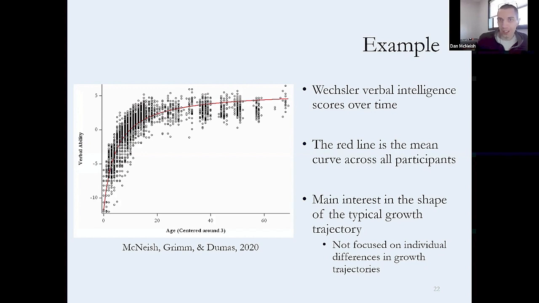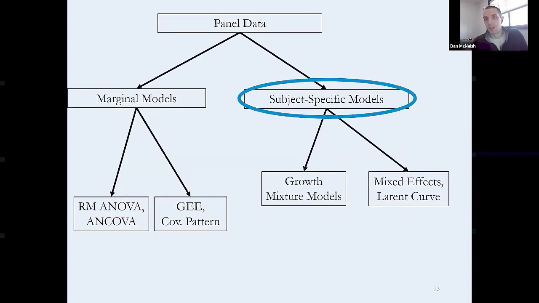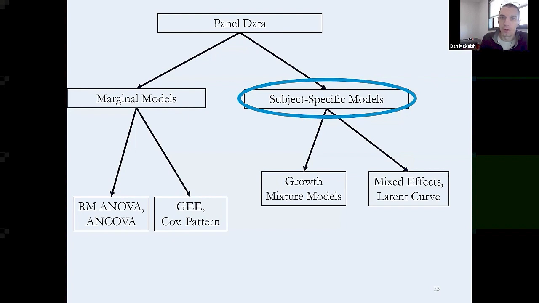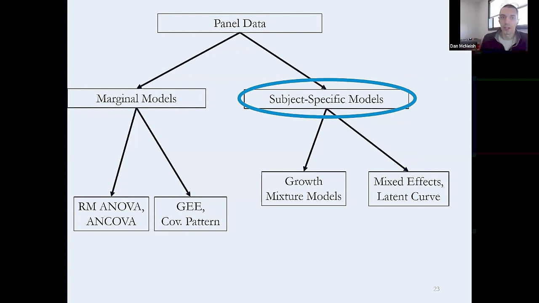I'm not interested in how person one's change might be different from person two. I just want to know what the typical change looks like over the entire time span. And finally, to distill down into the models that we're going to talk about in this seminar specifically, these are going to be subject-specific or person-specific models.